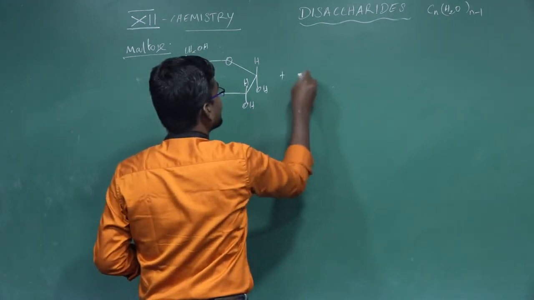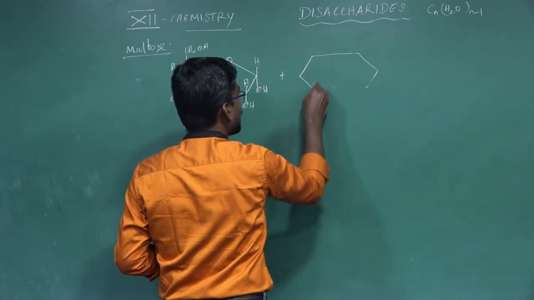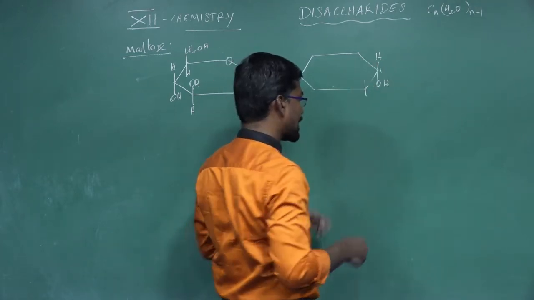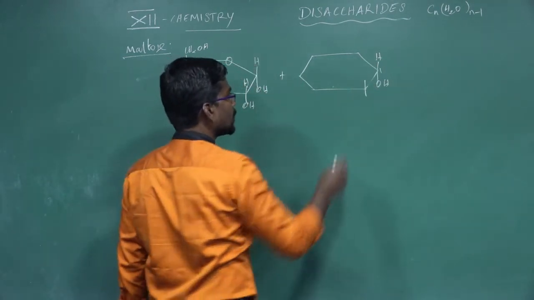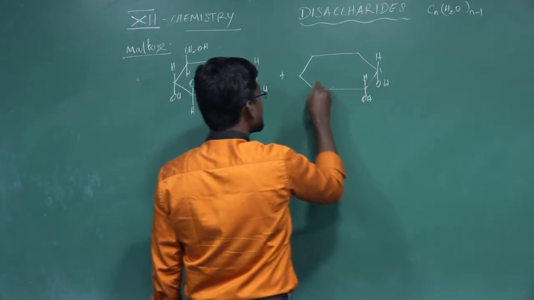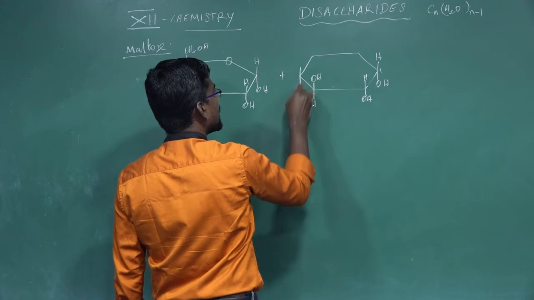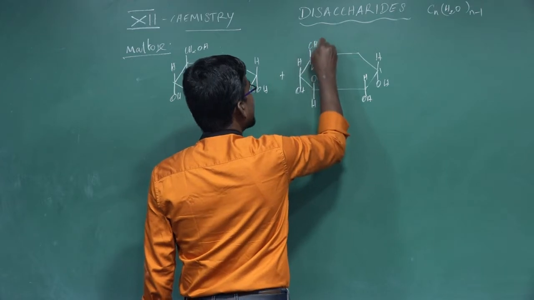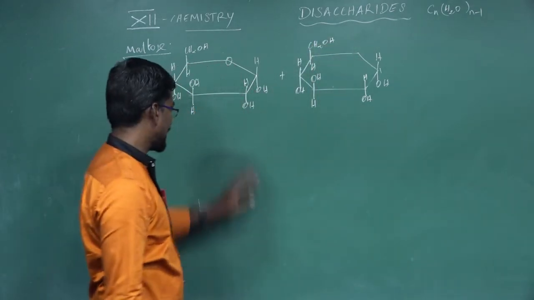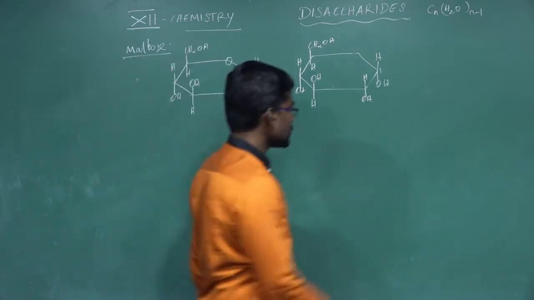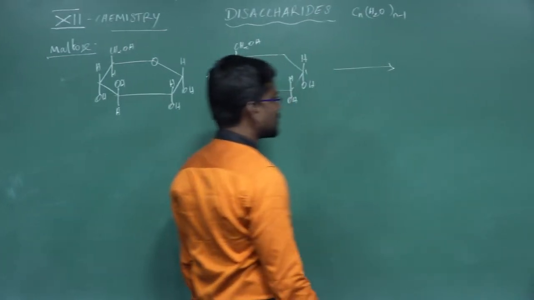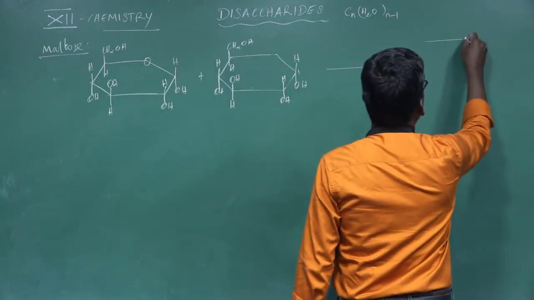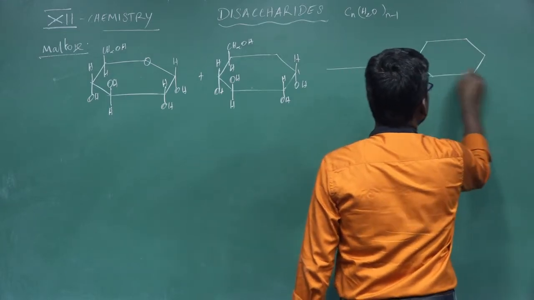That compound combines with one more molecule of the same kind, alpha D glucose. Alpha indicates that the first carbon's OH group is facing downward. Both molecules are alpha D glucose, and they are linked with each other through a glycosidic bond or glycosidic linkage.